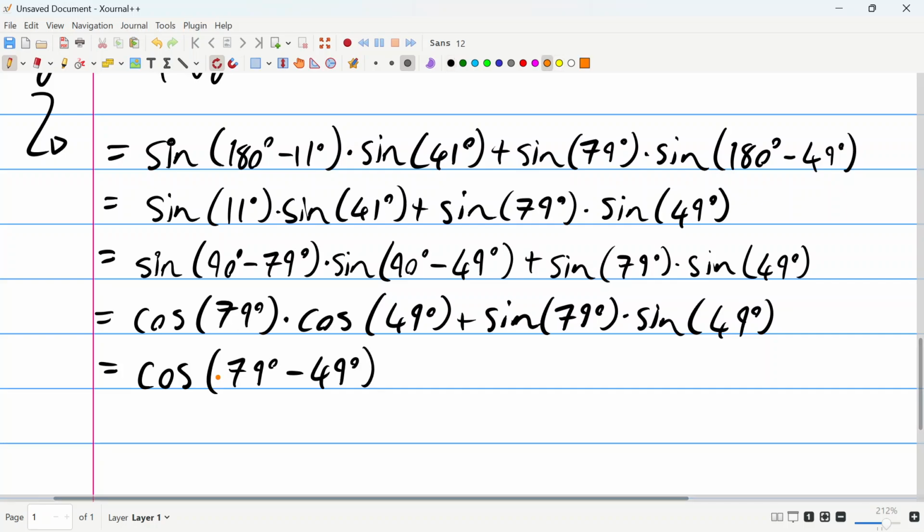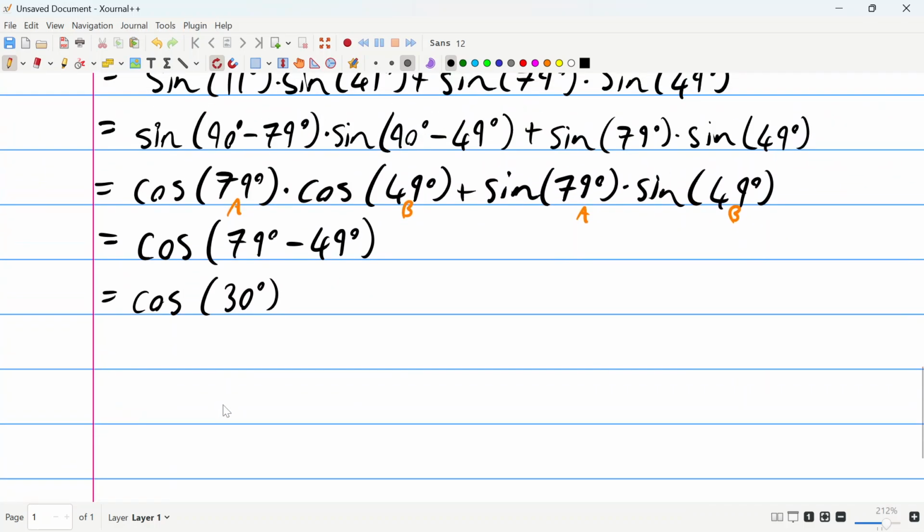As you can see here, look here at this pattern. This is A, this is B, this is A, this is B. Okay, and then let's just simplify this. Notice that 79 degrees minus 49 degrees is just 30 degrees. Okay, and then using our special triangle, we should get an answer of square root of 3 over 2.